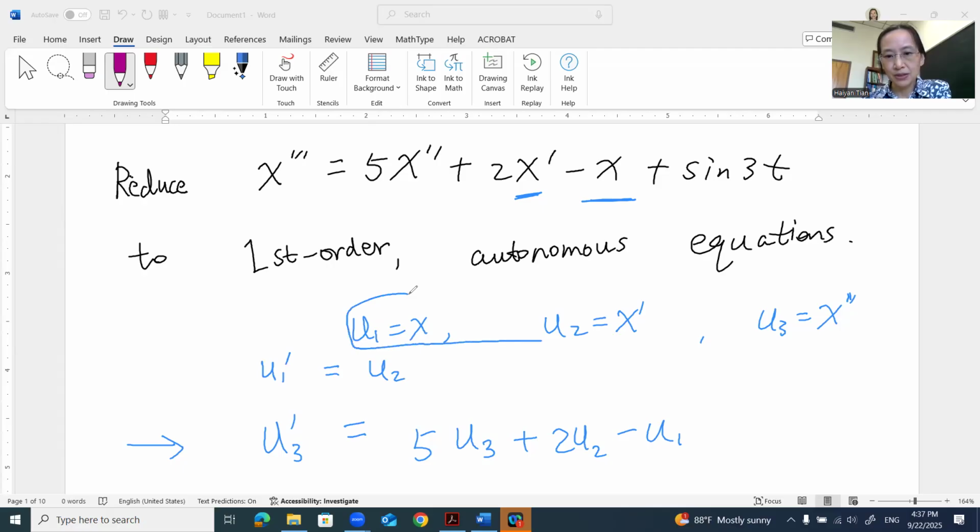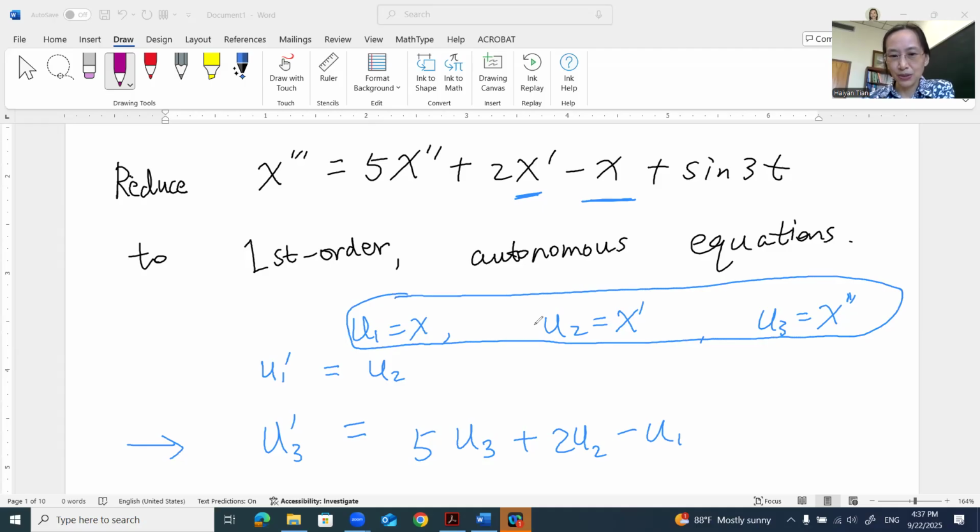Because we know this, right? That's not part of the new system, but this is our assumption actually. U2's derivative is U3. And U3 derivative will be that.